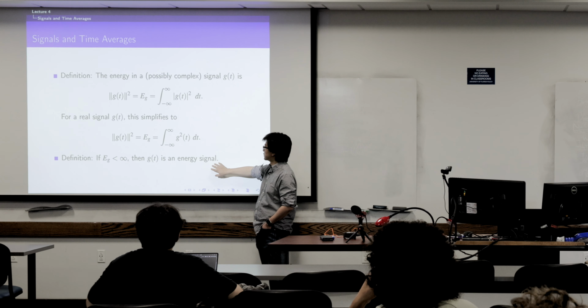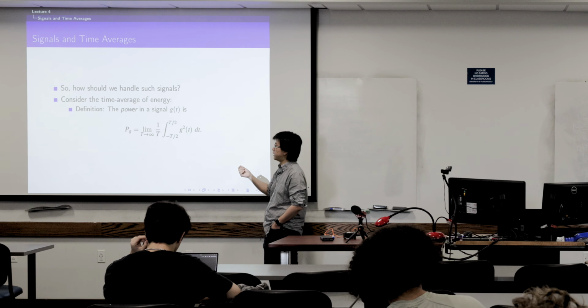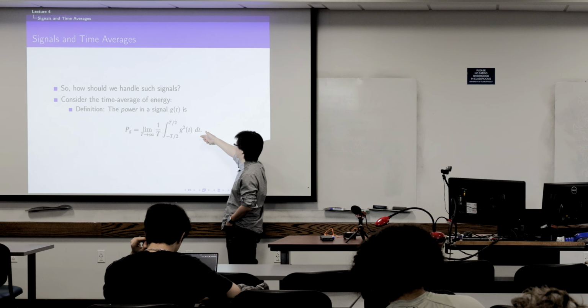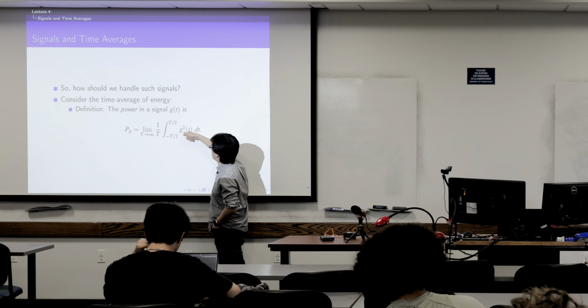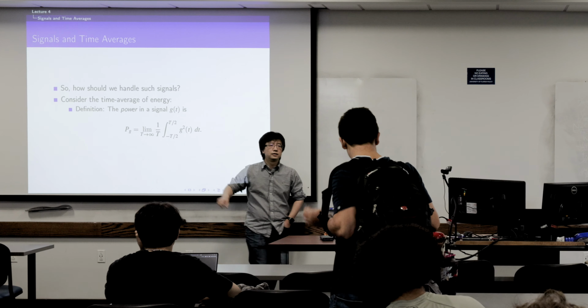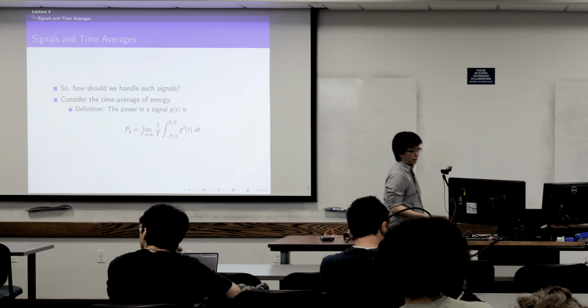The definition of power is the normalized energy, so we compute the energy per unit time. We compute the energy from minus T over 2 to T over 2, normalize it by the time length T, and then let T go to infinity. That's the definition of power.